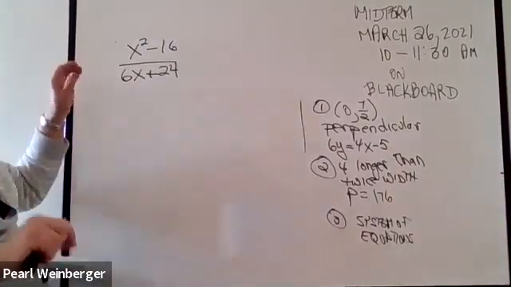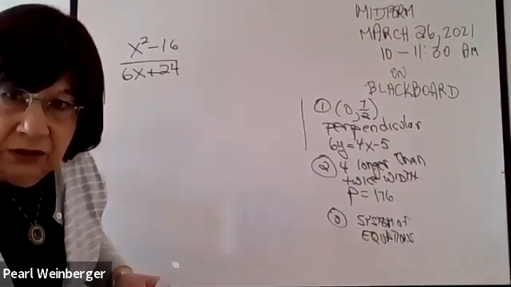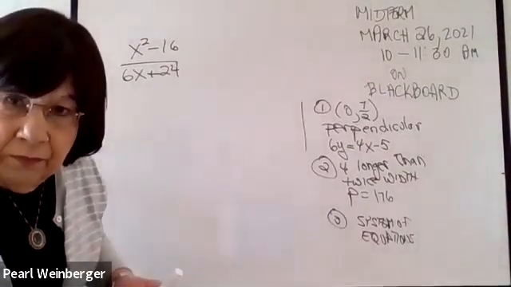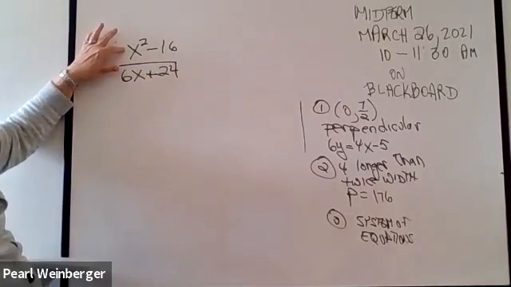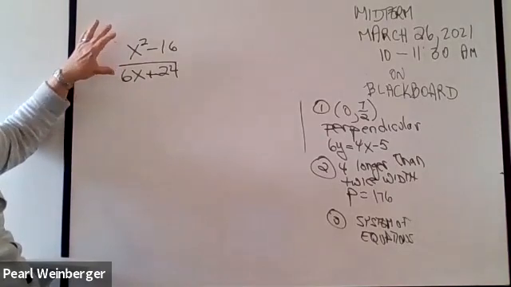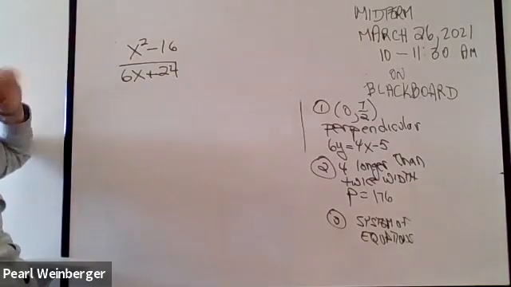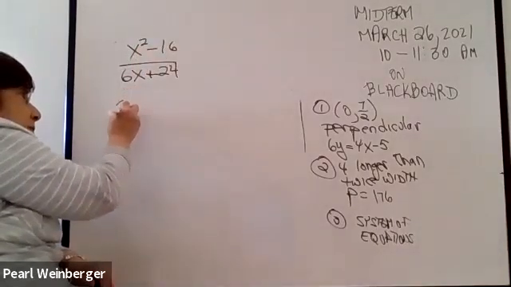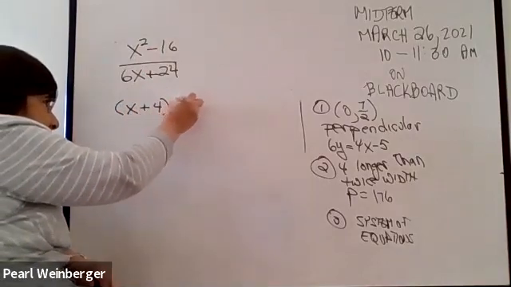Oh, no, that was from the previous one. Okay, let's do this together. Can we factor x squared minus 16? Remember, these are both binomials, so we have to factor them. It'll be like x plus 4, x minus 4. Yeah, great. That is our difference of squares. So it becomes x plus 4 and x minus 4.